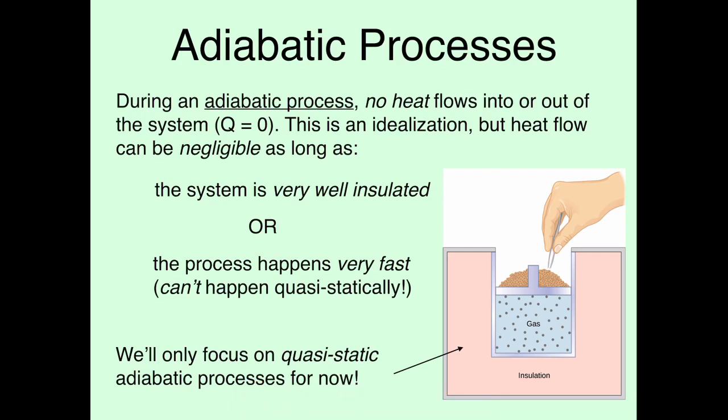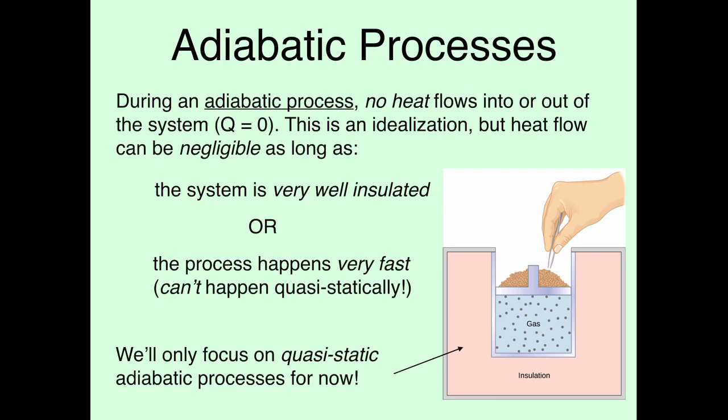Another way you could get Q equal to 0 is that you could make the process happen so fast that there's not enough time for any significant amount of heat to flow. So those are the 2 ways you can have an adiabatic process: either have it very well insulated or have the process happen so fast that there's not enough time for heat to really flow.